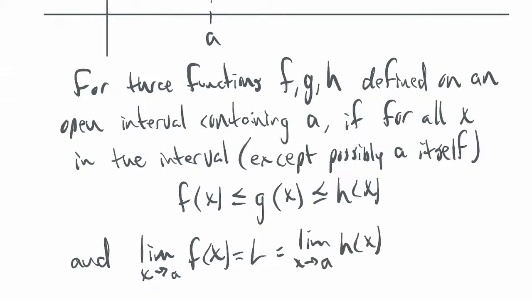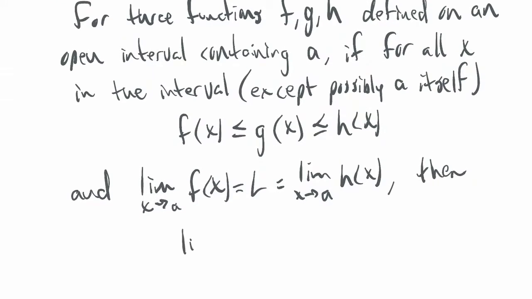The limits of f and h agree. Then we can conclude that the limit as x goes to a of g of x also equals L. It exists and it's equal to that same number.